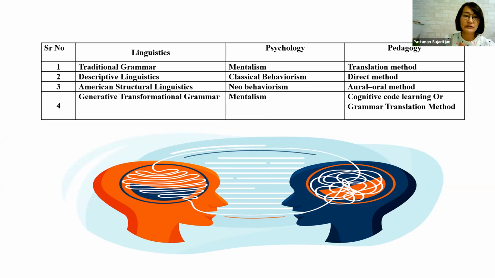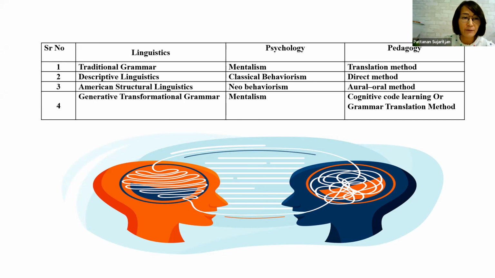So, in traditional grammar, we have to teach the grammatical rules and structure to the student. So we have to use the translation method to explain how to use the rules of the language.